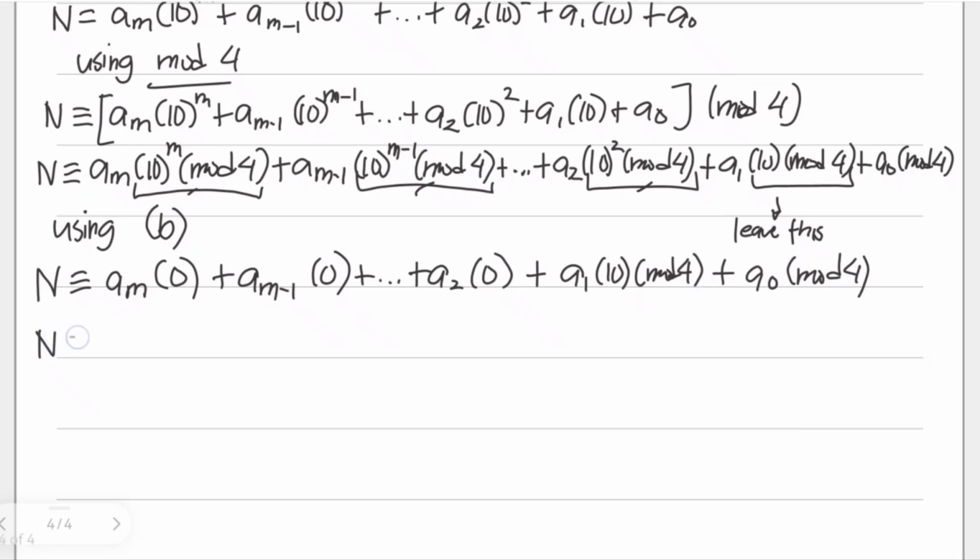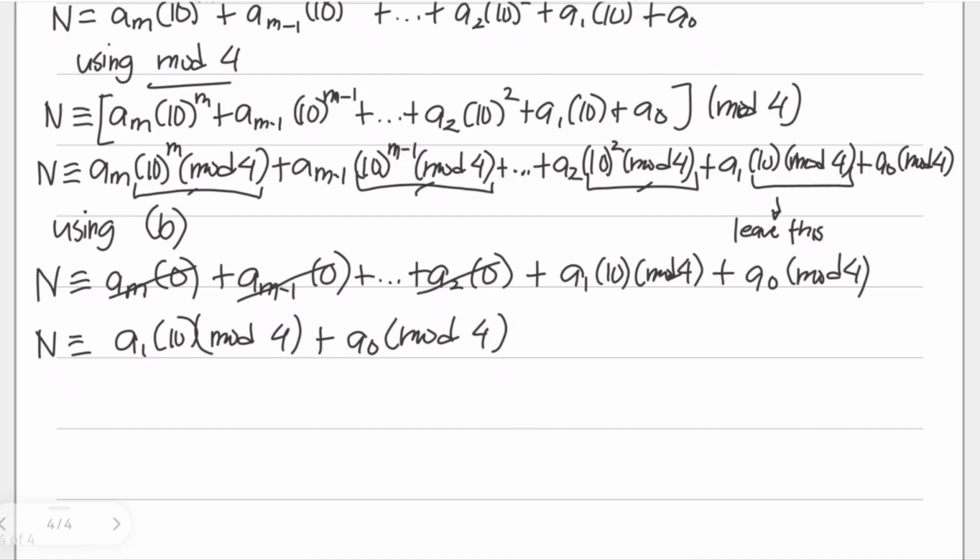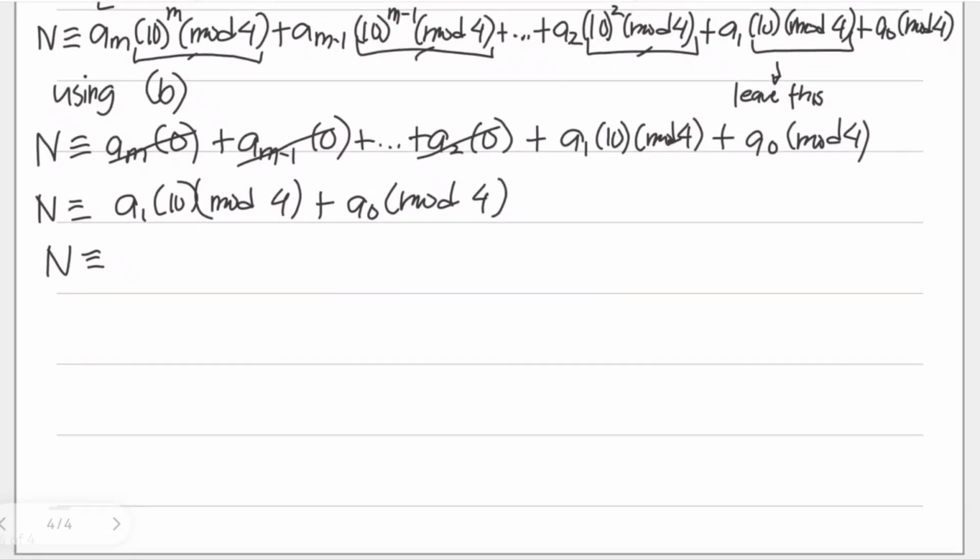This would mean n is congruent to, that's 0, 0, 0. So you have here a sub 1 times 10 modulo 4 and plus a sub 0 modulo 4. Once we factor out modulo 4, you will have this form: a sub 1 times 10 plus a sub 0, and you will have here modulo 4.